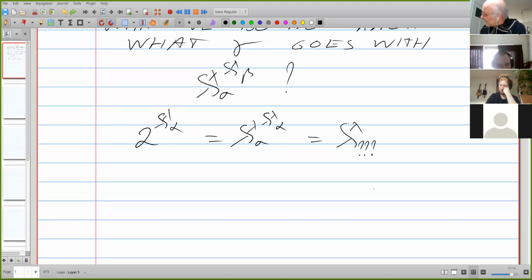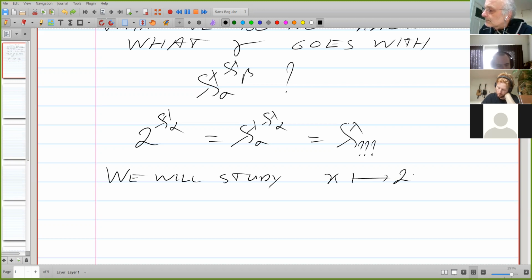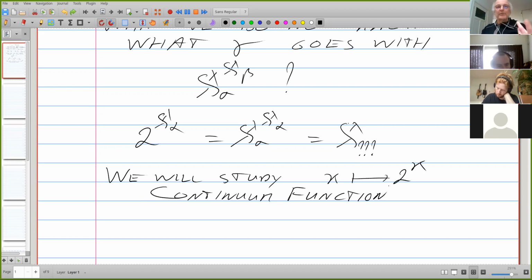So what are we going to do today? We're going to study the continuum function, the one that sends kappa to 2 to the kappa, and exponentiation.